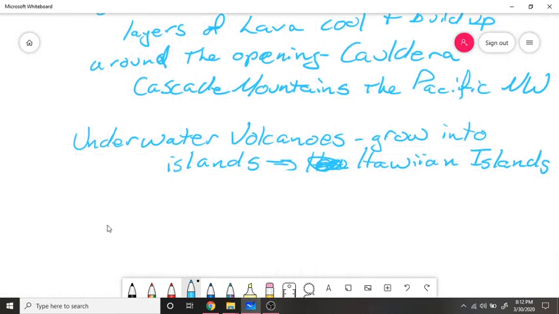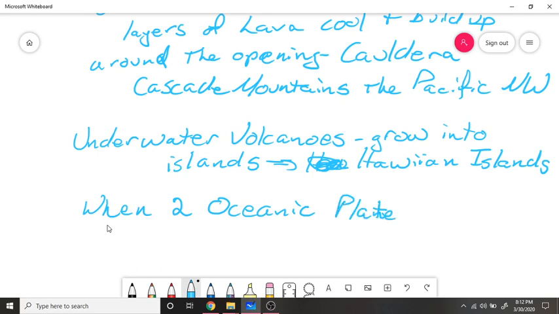And the underwater volcanoes grow because when two plates are meeting, when two of the oceanic plates meet, one will always be a bit more dense than the other.